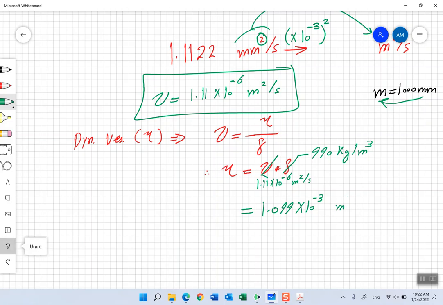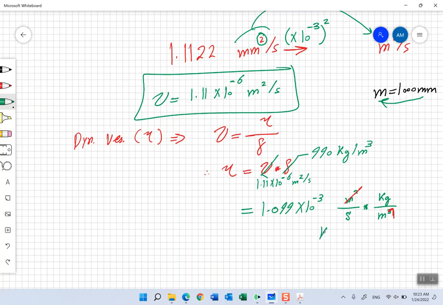I will try to do it in an easier way. Just imagine that it's meter squared per second multiplied by kilogram per meter cubed. So don't you think that we can get rid of this meter squared by converting this 3 to 1? And this will be the final units.